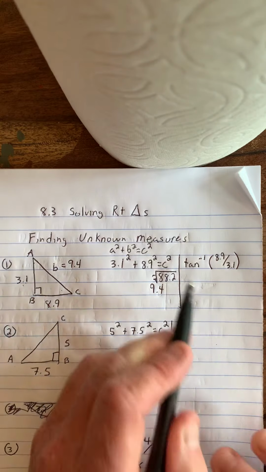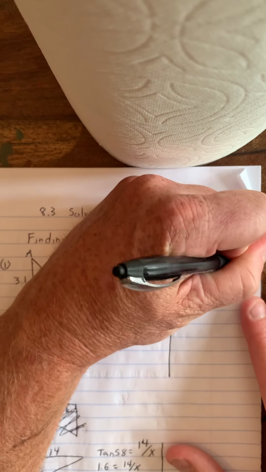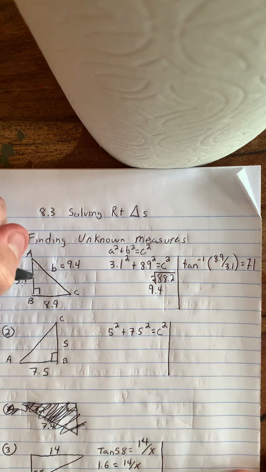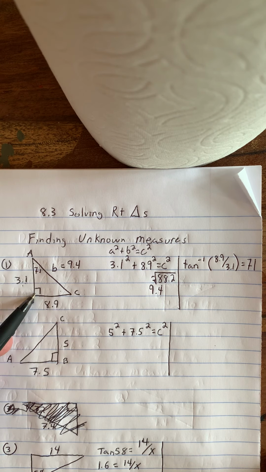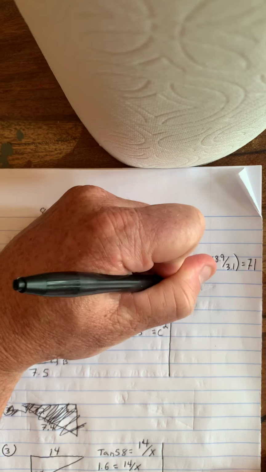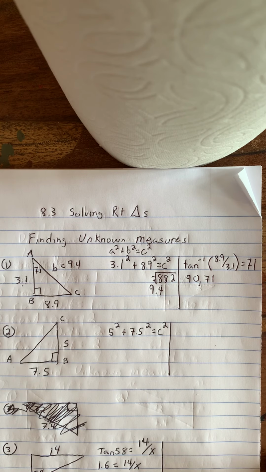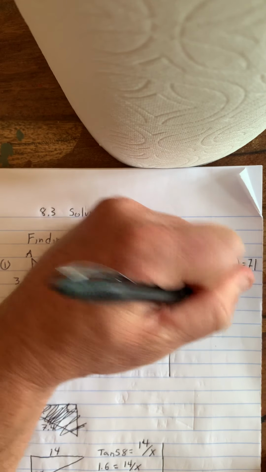Here we go. I plug that in and I get about 71, okay? 71, and that's this angle, A. Well, if I have 90 and 71, and I subtract those from 180, angle C gives me 19 degrees, okay?